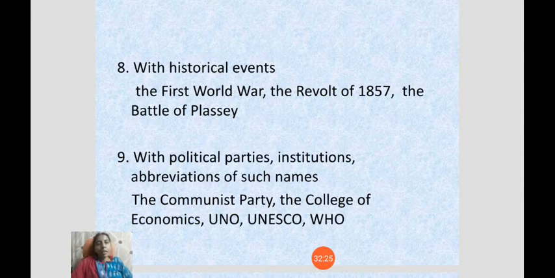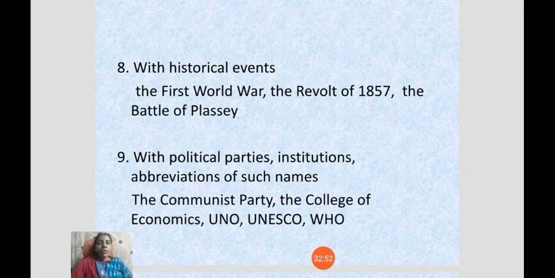Here I have given the example of Communist Party, but any political party like the BJP, the Congress, when you are writing it in full, the TRS, when you are writing them in full, so always write them with the first letter of every word in capital. So that's why your Communist Party, C and P.